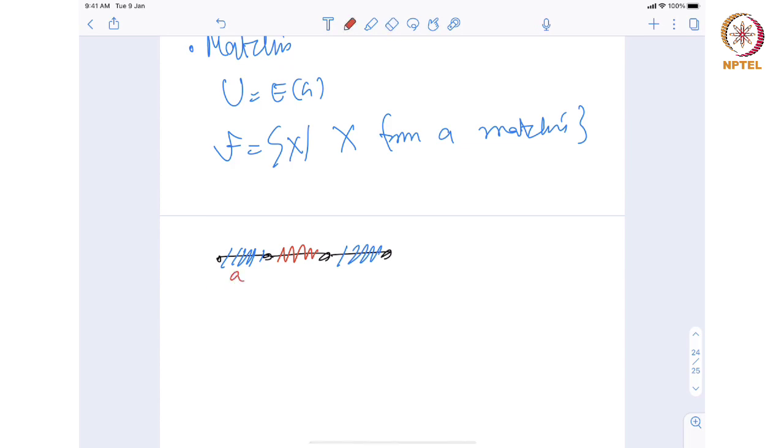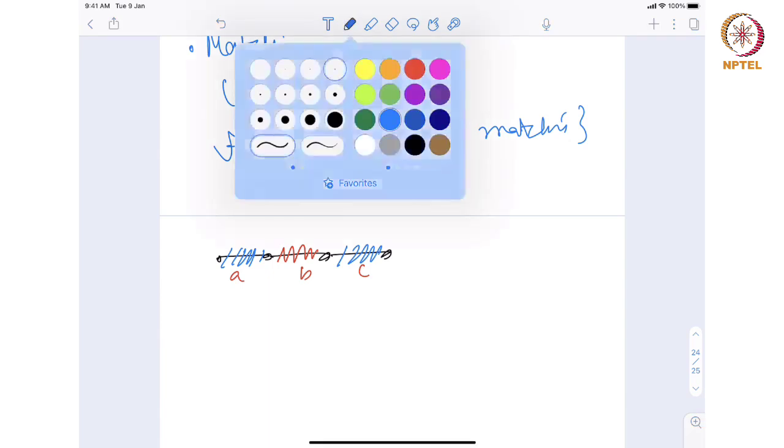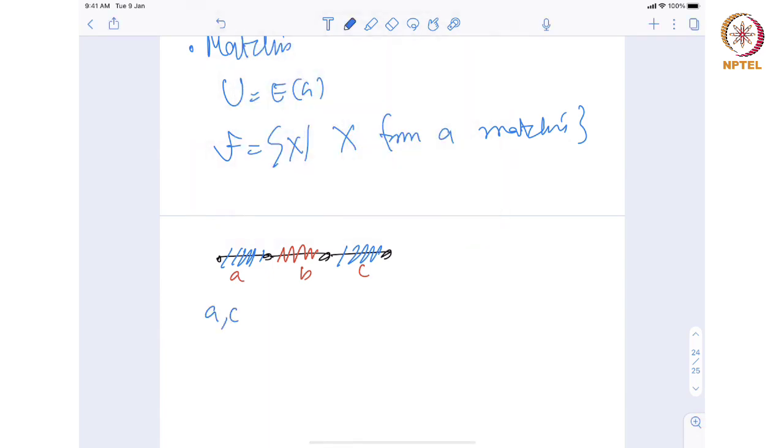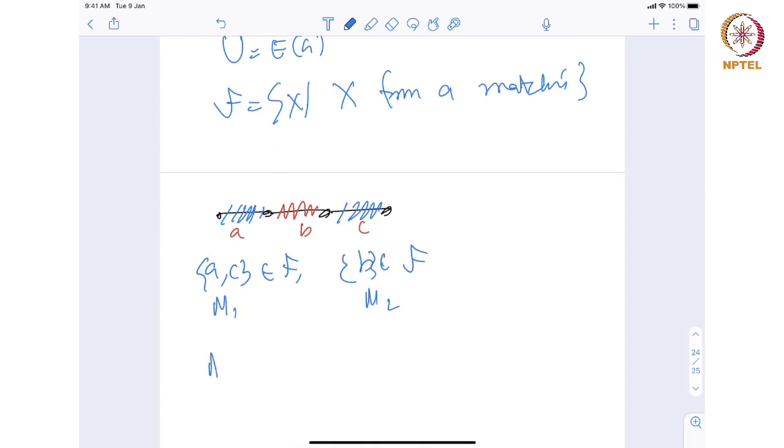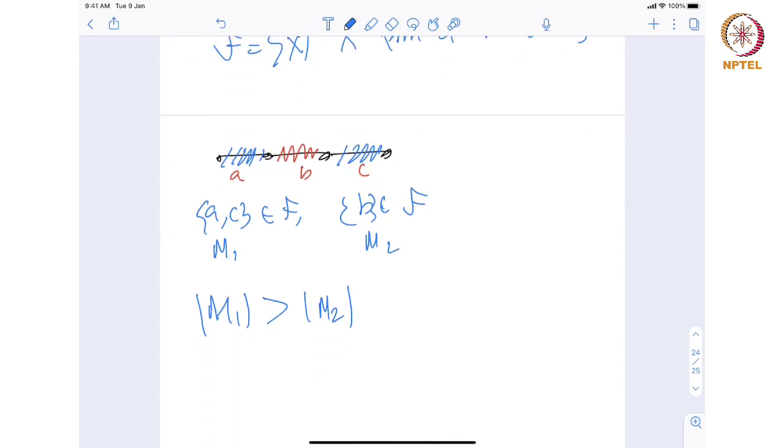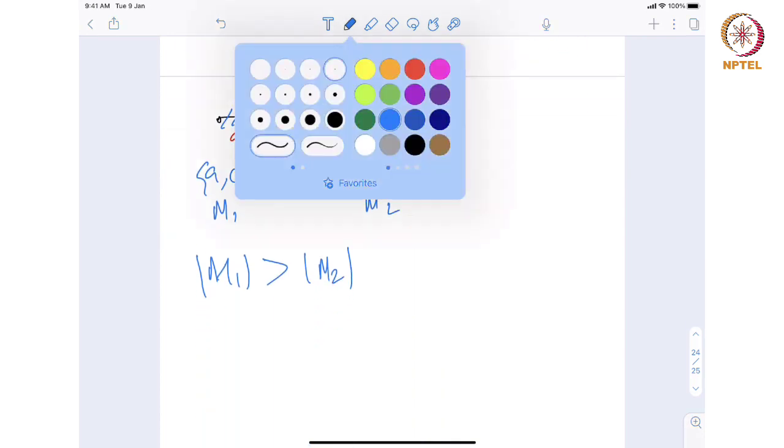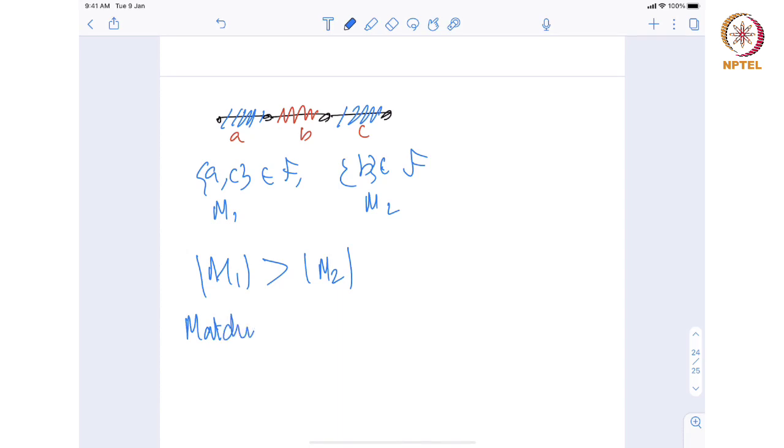Let's call them A, B, C. Now A and C belong to my family, and B belongs to the family. Let's call this matching M1 and this M2. Definitely the cardinality of M1 is more than the cardinality of M2. But there is no way I can add an edge from either A or C to B, because that will not form a matching. So matchings do not form a matroid.